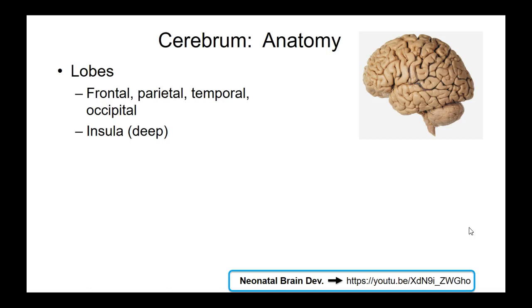The next lobe that is posterior to that is called the parietal lobe. And the very posterior part is called the occipital lobe. Who remembers what bone was on the very posterior part of the brain?